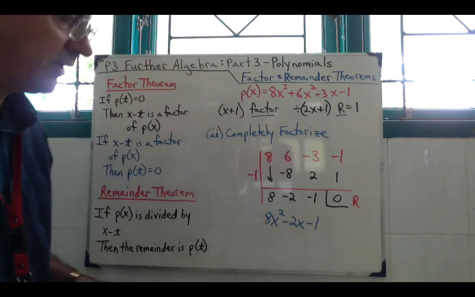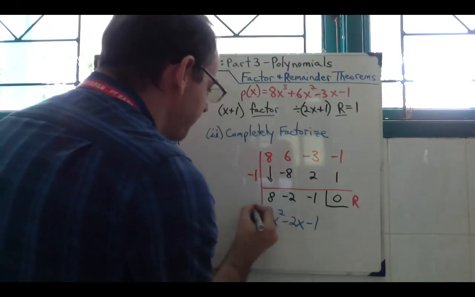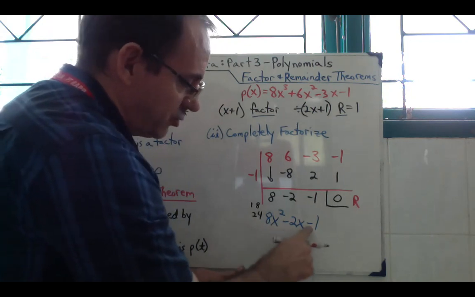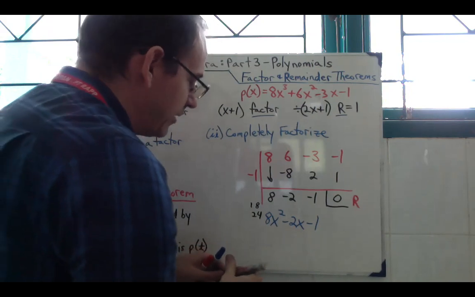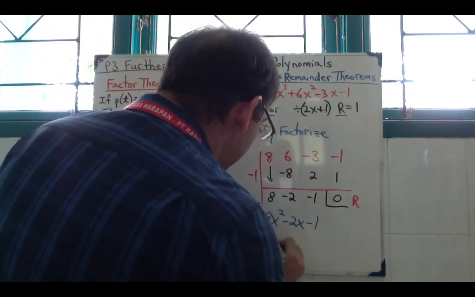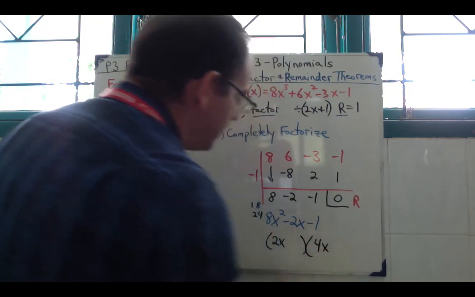Now what we need to do is we need to factor this. And the factors of 8, 1 and 8, 2 and 4, that allow us to get a 2 by subtraction. It's going to be our 4 minus 2 here. So if we factor this, we get a 2x in this one, and a 4x in this one.